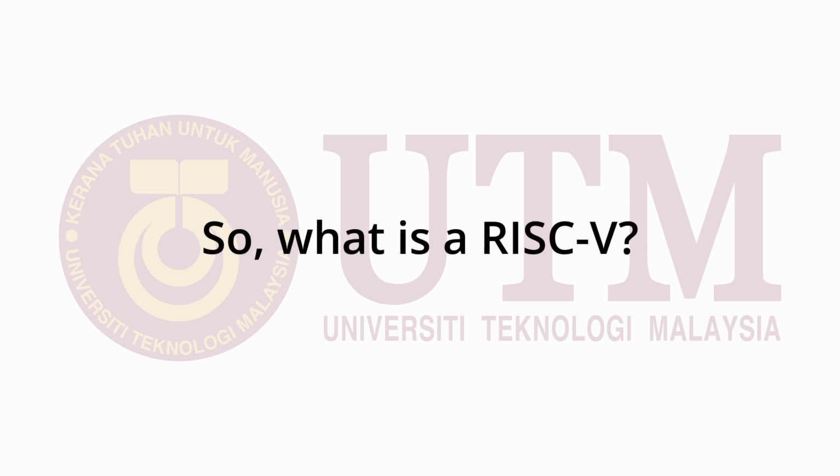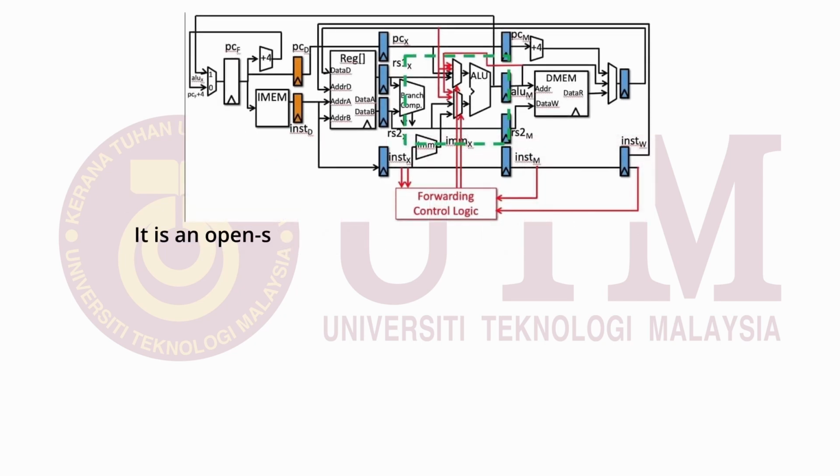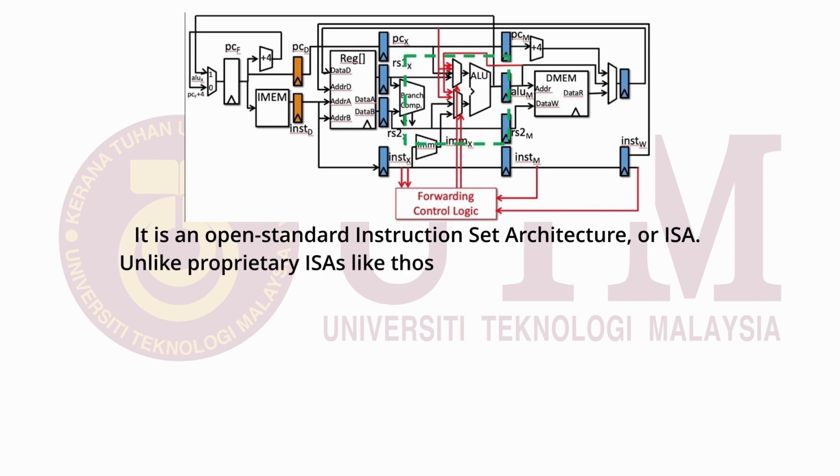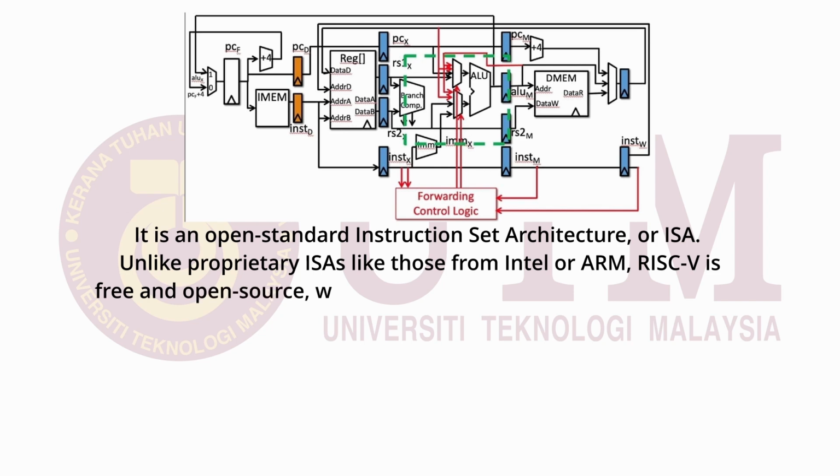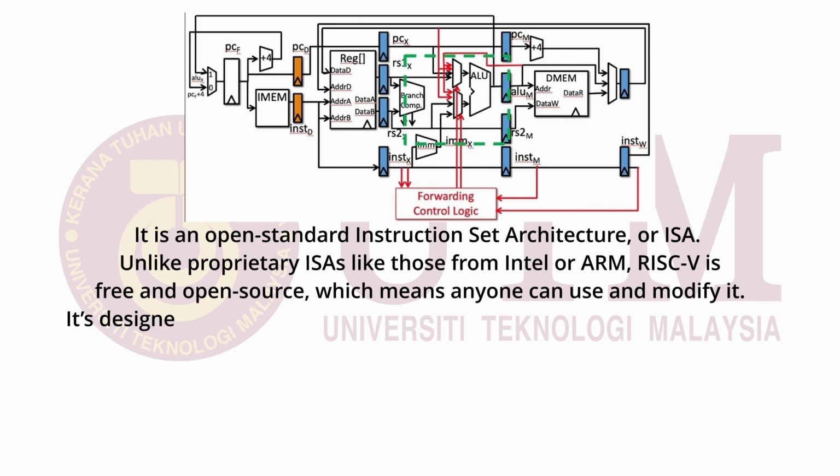What is RISC-V? It is an open standard Instruction Set Architecture, or ISA. Unlike proprietary ISAs like those from Intel or ARM, RISC-V is free and open source, which means anyone can use and modify it.